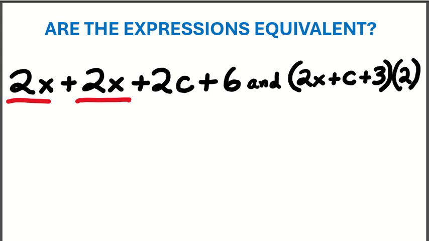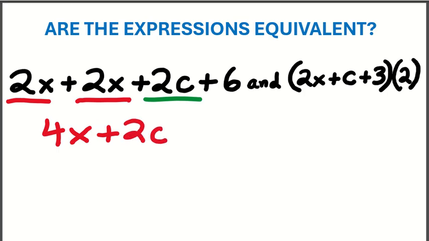Well, yeah, I got 4 x's. So we'll put our 4x right there. I don't have any other c's to combine with this c. So let's go ahead and drop that down right here. So I'm going to have a plus 2c. And I don't really have any other integers to combine with that, so we'll just drop down our plus 6.